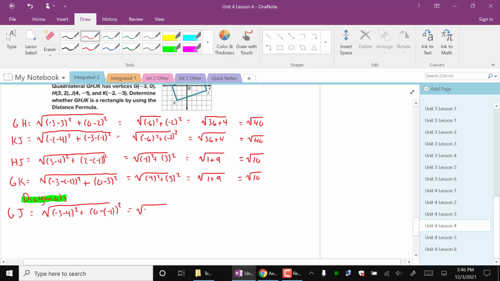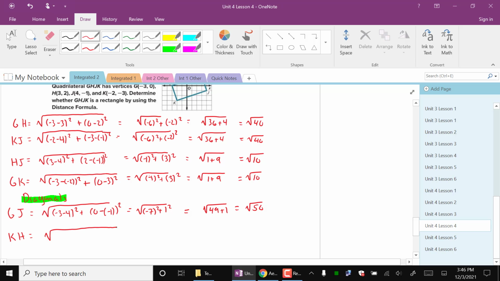So that's going to give me -7 squared plus 1 squared, which is the square root of 49 plus 1, which is the square root of 50. So we need the square root of 50 from our other diagonal to make this a rectangle.